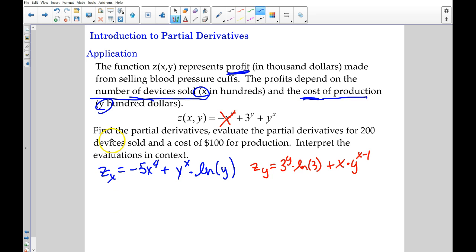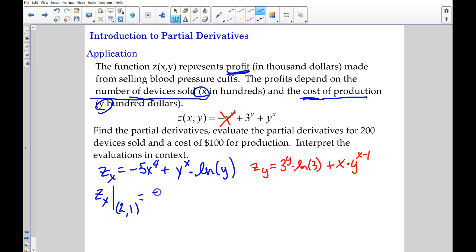At this point, we have to evaluate the partial derivatives. So z sub x evaluated at, and I'm going to use a coordinate pair. x is the number of devices sold in hundreds, so this would be 2, and y is in hundreds of dollars, so this would be 1.